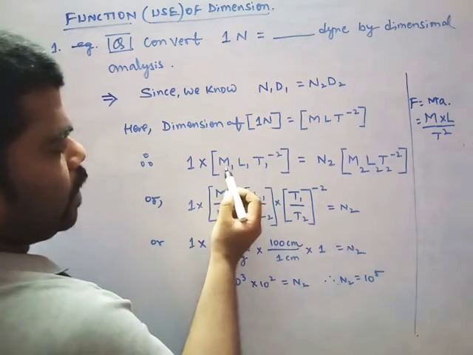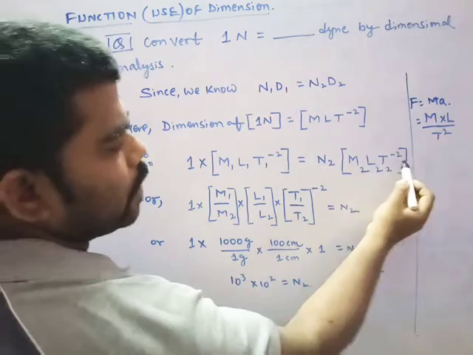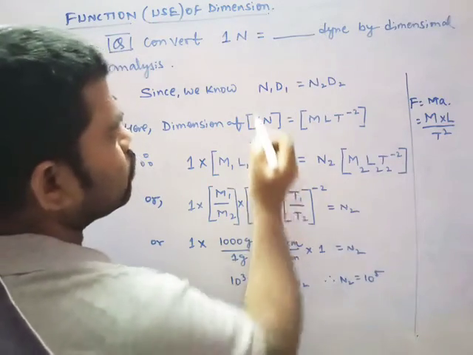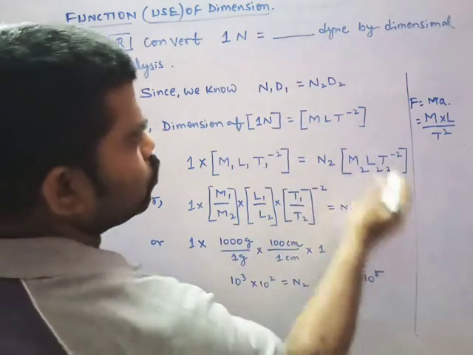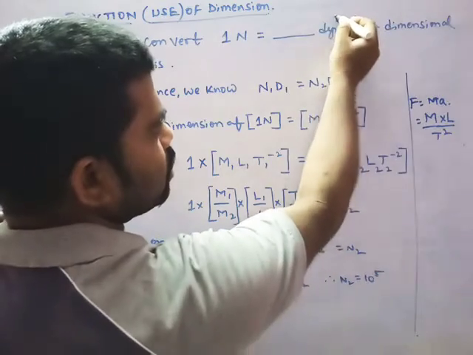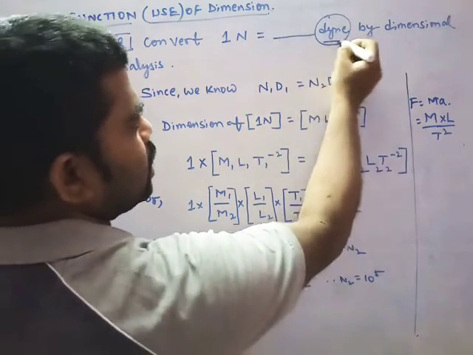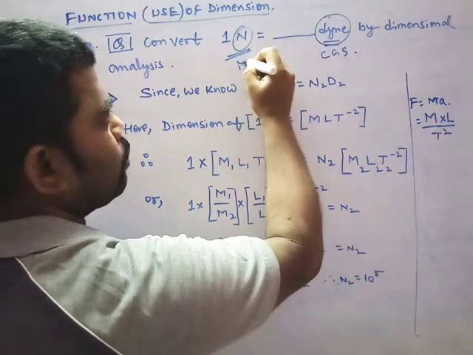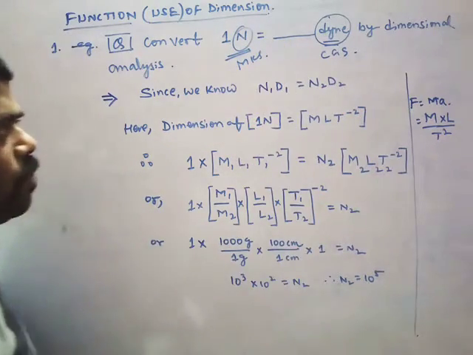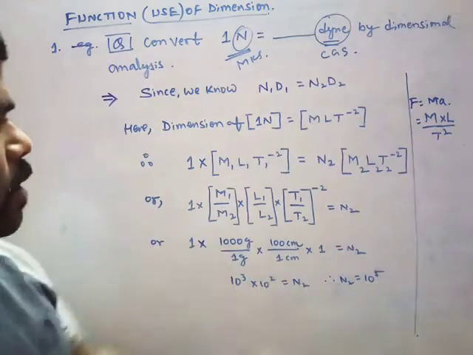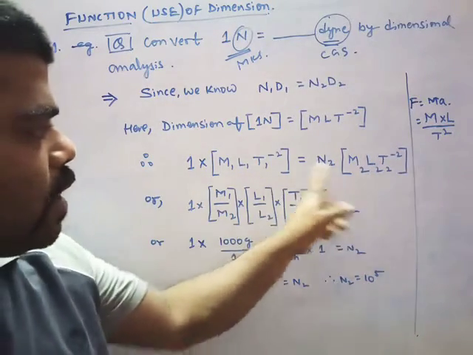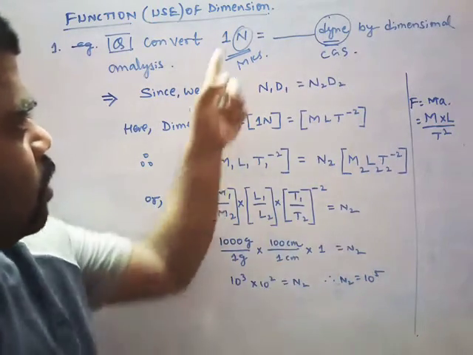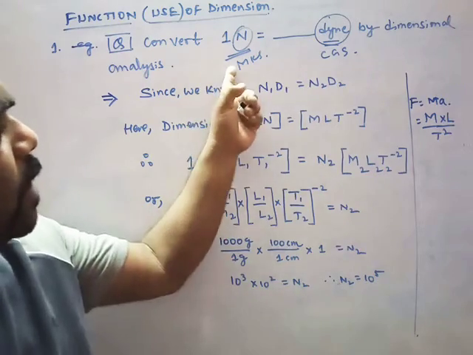Okay, so look at here, M L T minus 2, M L T minus 2, but this is 1 1 1 for one side, 2 2 2 for another side. Another side means this is dyne, which is definitely in CGS, and this Newton is in MKS. So I have to convert from the MKS to the CGS. So that's why I've written dimensions are equal, clear, and 1 for this, that is MKS.